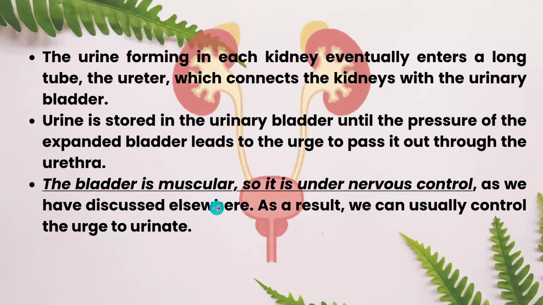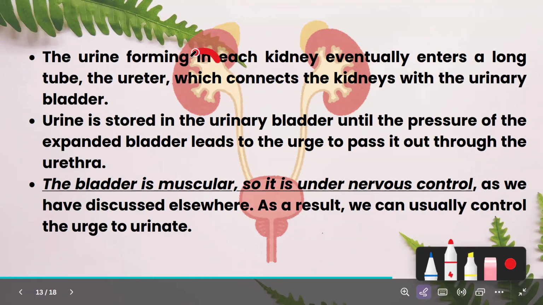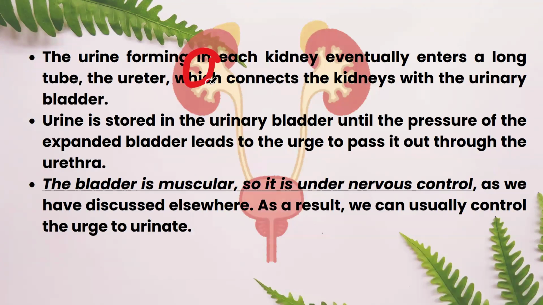And the urine formed in each kidney enters a long tube called the ureter. This portion is the ureter, after the entire three steps of filtration happening there. After completion of the formation of urine, it enters the long tube called the ureter.